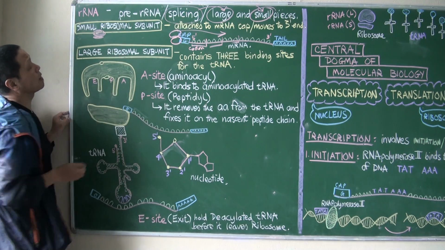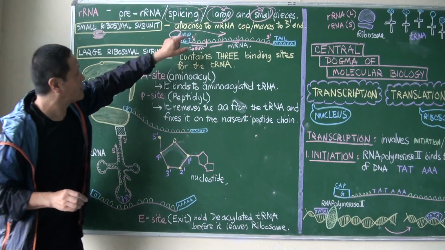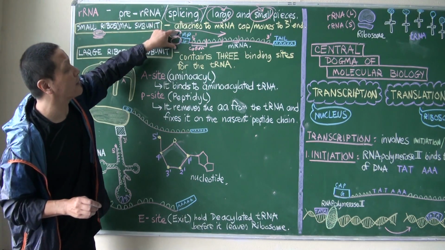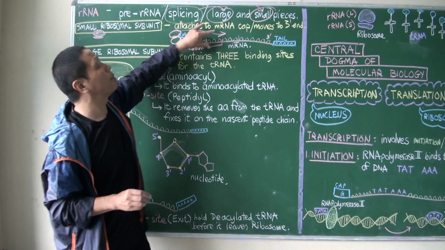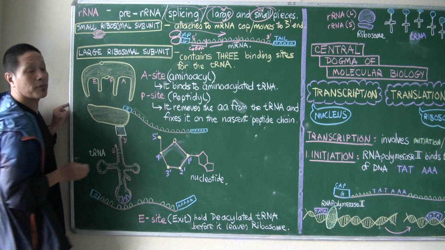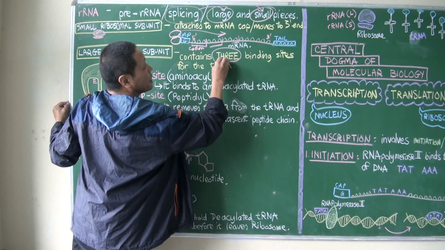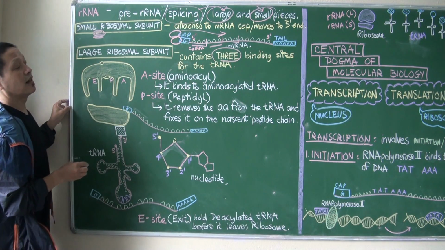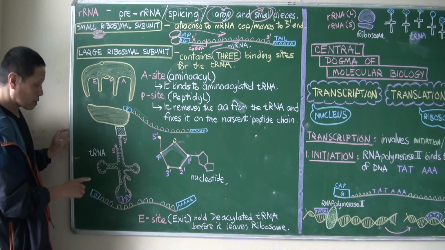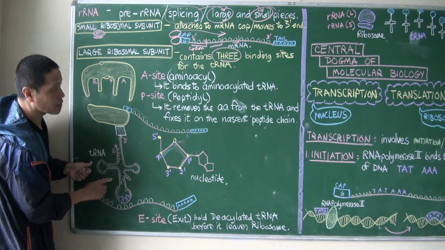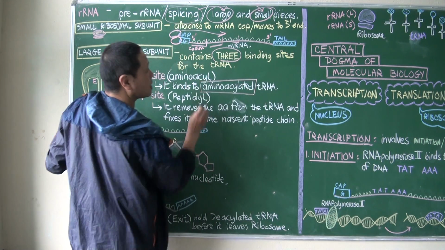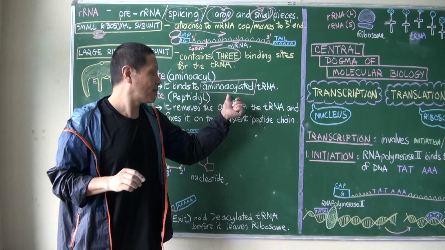That was the work of the small ribosomal subunit: fix itself on the cap of the mRNA and begin to move towards the 3' end. The large ribosomal subunit contains 3 binding sites for the tRNA. So here is a tRNA, and this tRNA is also known as aminoacylated tRNA.